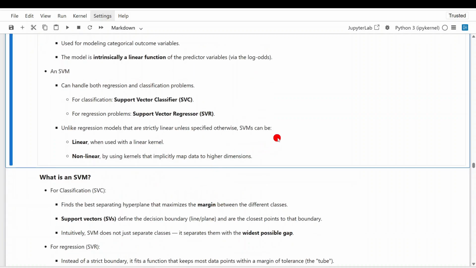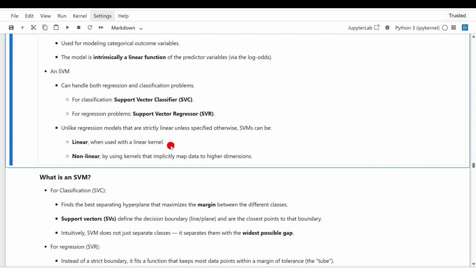So unlike the linear models, logistic regression or linear regression, which are strictly linear with respect to the parameters of interest, a support vector machine is in general nonlinear. If required, it can be just linear when we use it with a linear kernel.